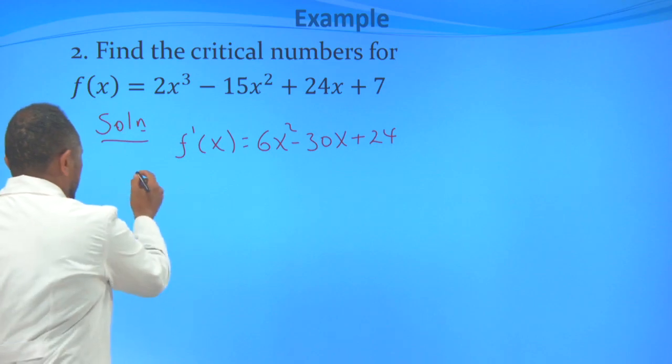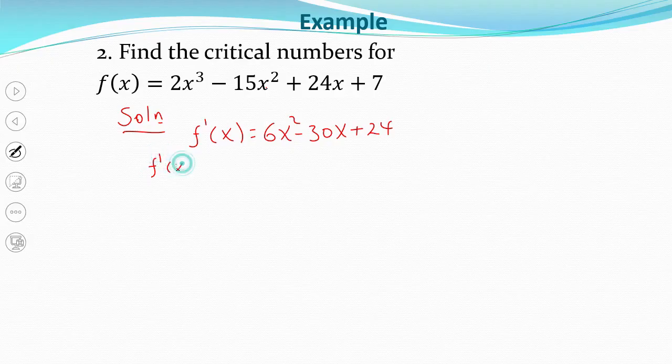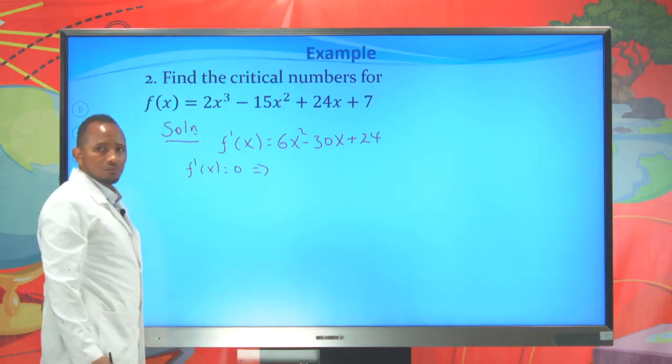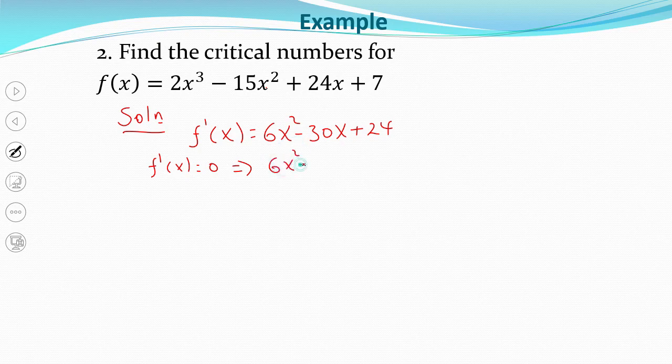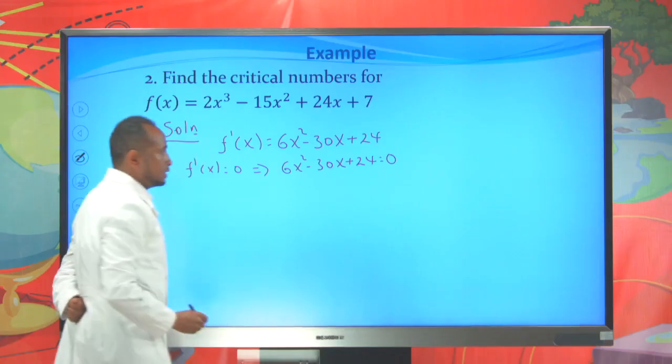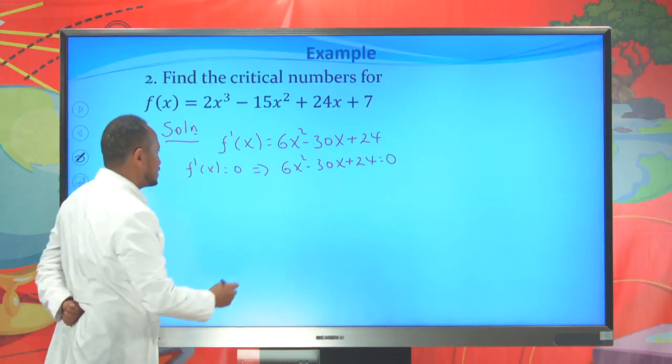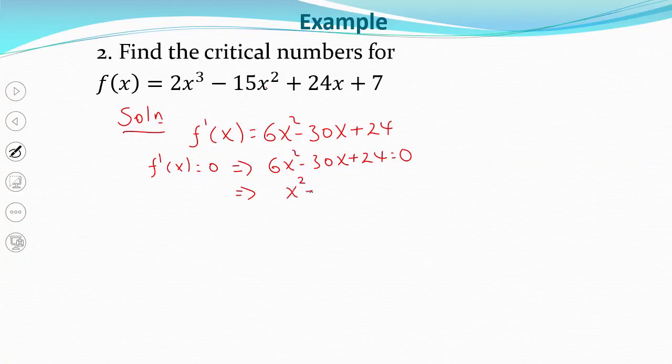So setting the derivative of our function to 0 implies that this expression is 0. Therefore 6x squared minus 30x plus 24 is equal to 0. Then divide this by 6, you get x squared minus 5x, and dividing 24 by 6, you get 4, is equal to 0.